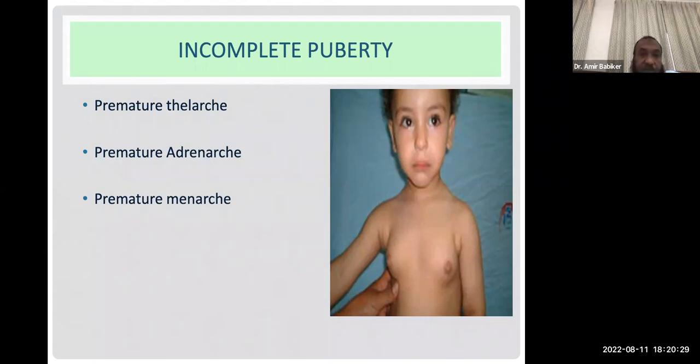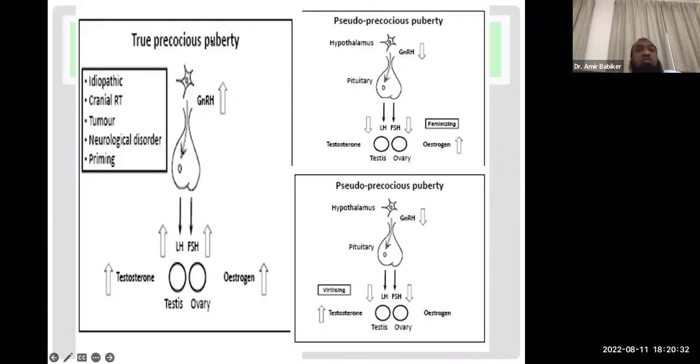تمام؟ طيب. الآن ده اللي أنا قلته true precocious puberty or pseudo. لاحظ إنه المتوقع شنو في true puberty GnRH is high والgonadotrophins are high. So gonadotrophin releasing hormone is high. Gonadotrophins are high and the sex hormones are high. لأنه ده axis is like this activated. وهنا لو pseudo there is peripheral secretion of the estrogen or testosterone and therefore giving feedback to the gonadotrophin and gonadotrophin releasing hormone.